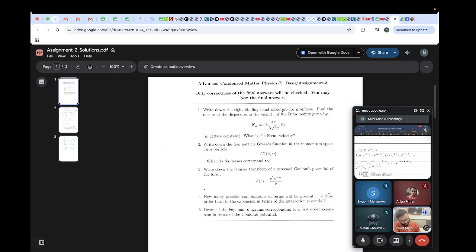Yeah, so this makes sense. Plus 1 is equal to 0.